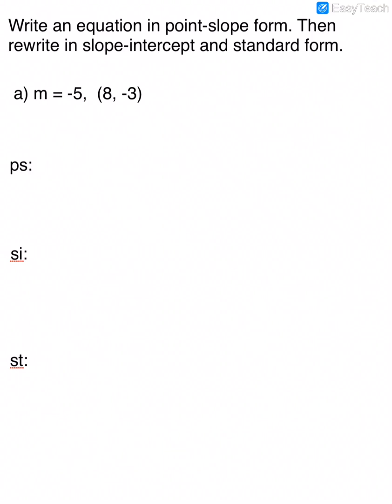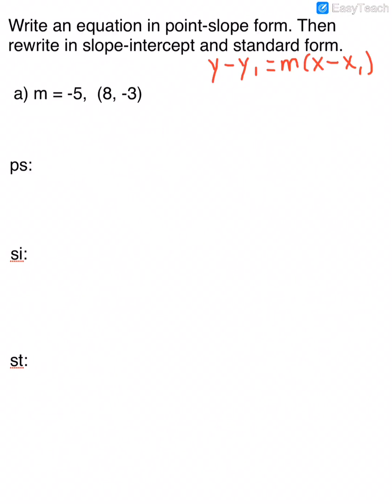Write an equation in point-slope form, then rewrite in slope-intercept form and standard form. Okay, so let's recall, we know that point-slope form is y minus y sub 1 equals m times x minus x sub 1.